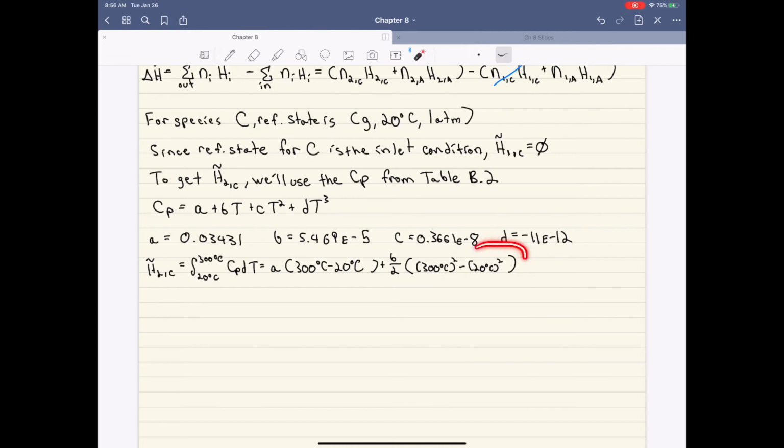So in this difference, the whole thing isn't squared, but each individual temperature is squared. So make sure you're doing your integration correctly there.